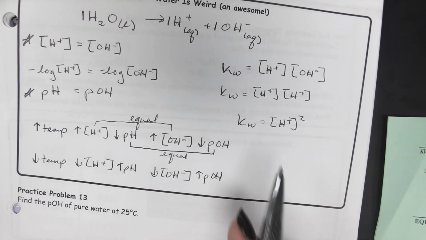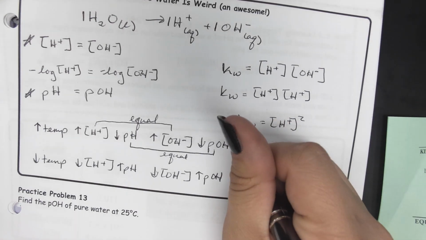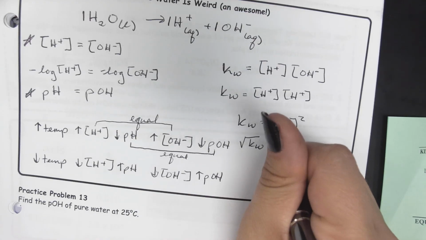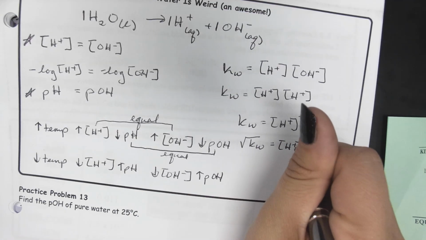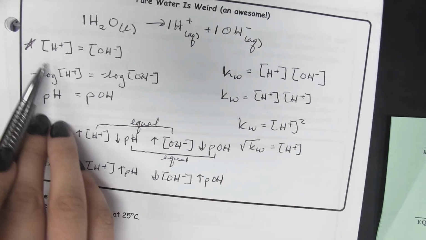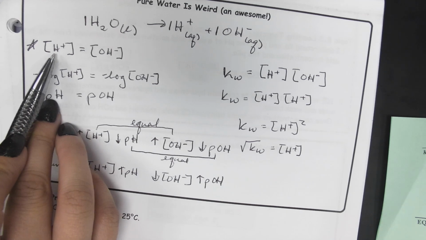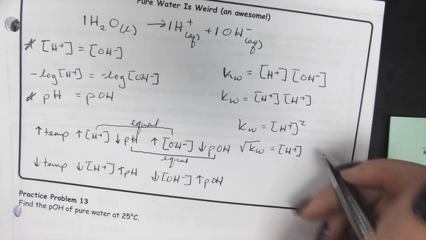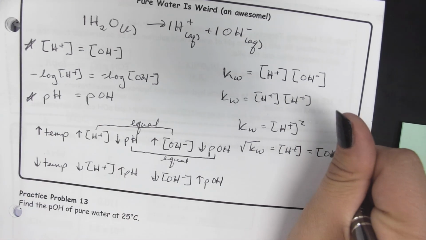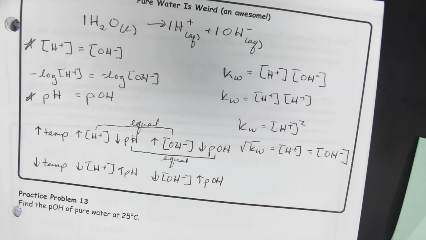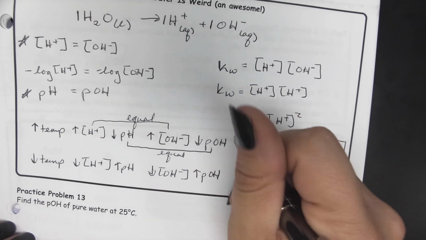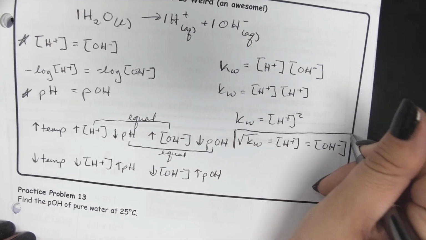Let's take the square root of both sides. The square root of KW will equal the concentration of H plus. And then reminder, the concentration of H plus will always equal the concentration of OH minus. Okay. This is the other thing. I'm going to put a box around this one.